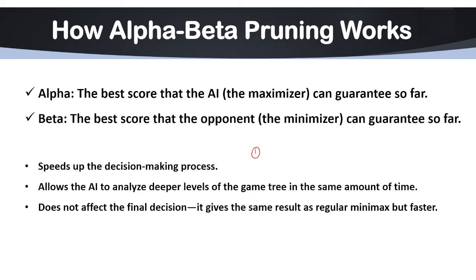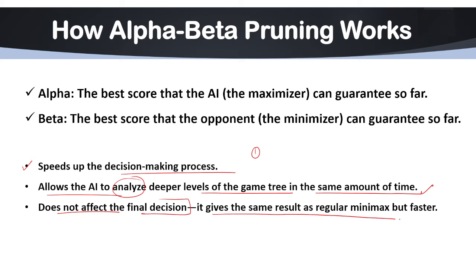Right everyone, so as you can see here we have some important points. Alpha beta can speed up the decision making process. It allows AI to analyze deeper levels of the game tree in the same amount of time. It is faster than the min-max search algorithm, and it does not affect the final decision; it gives the same result as regular min-max but in a faster way.